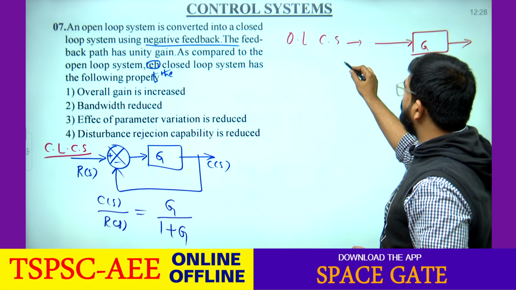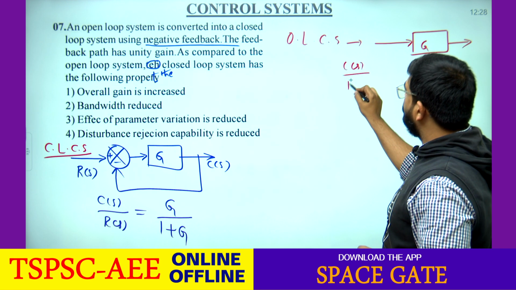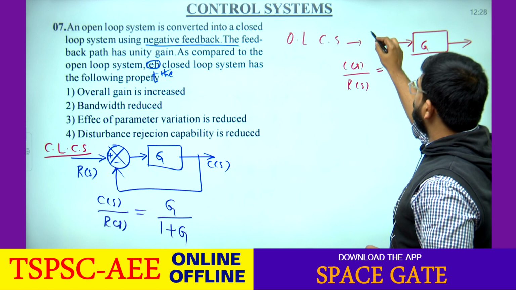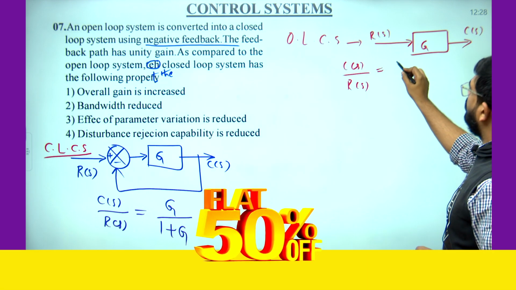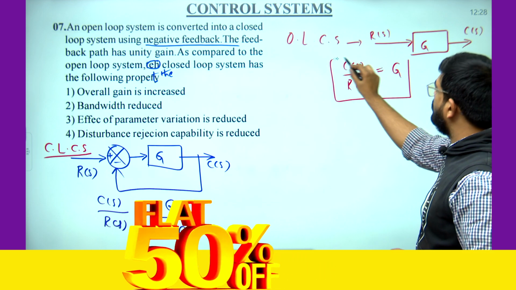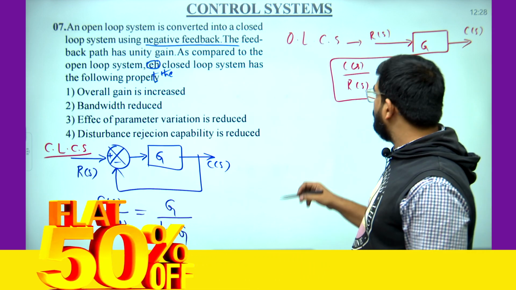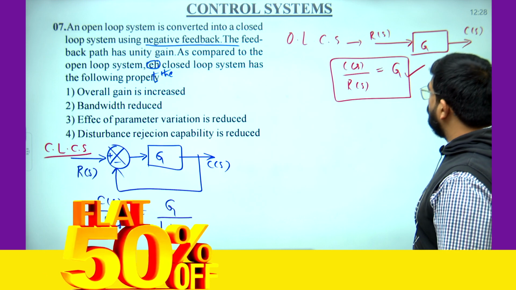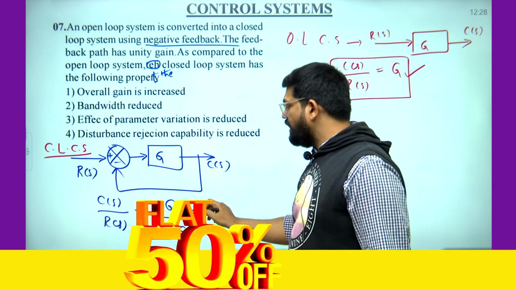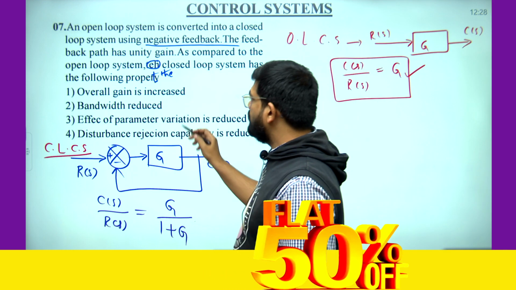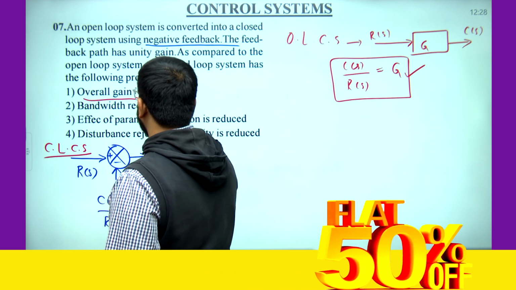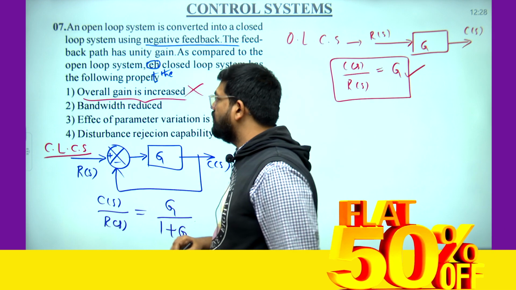So C of S by R of S is equal to G only. Now, if you see, gain is G in the open loop and here gain is decreased because Z by 1 plus Z. But here it is saying overall gain is increased, means it is wrong.